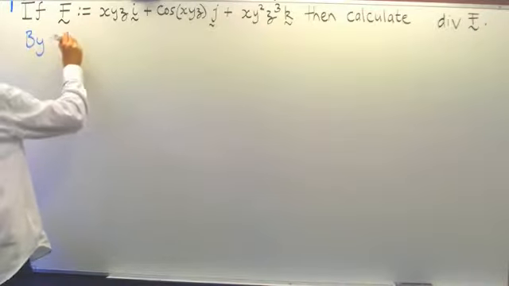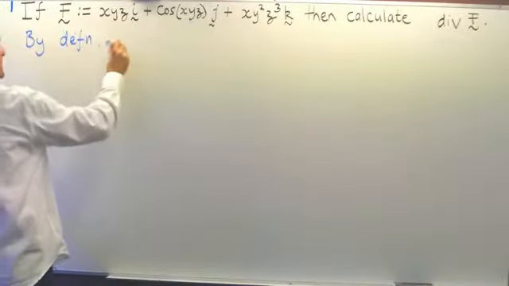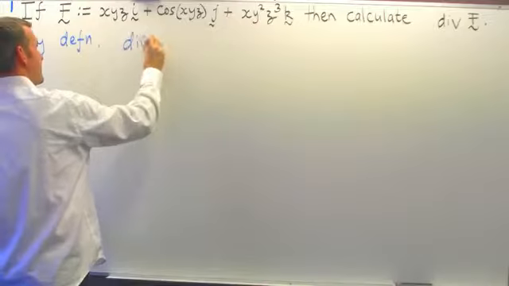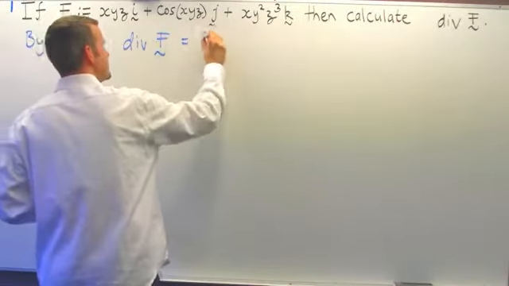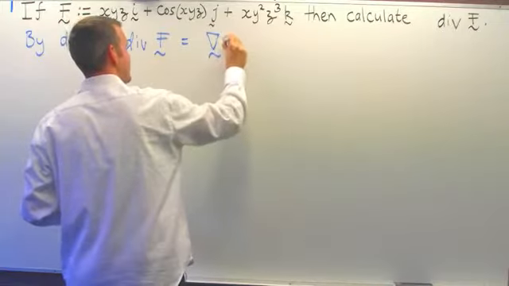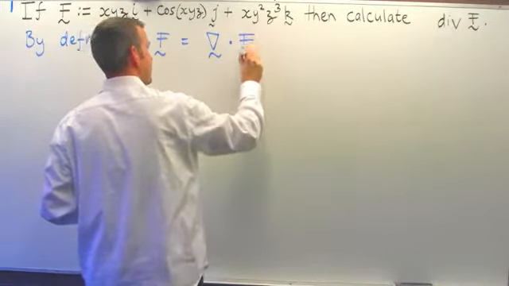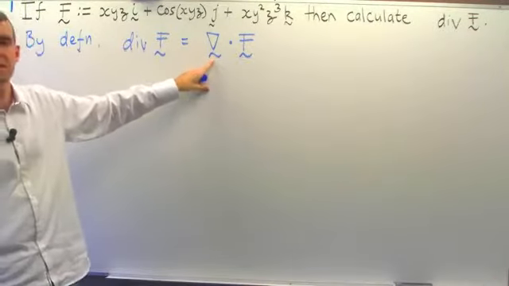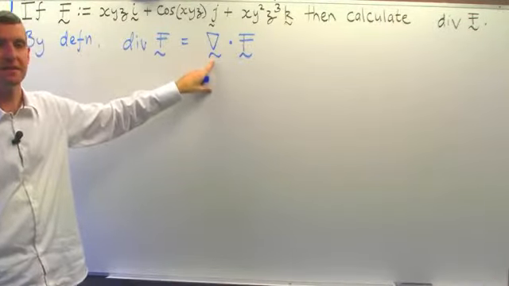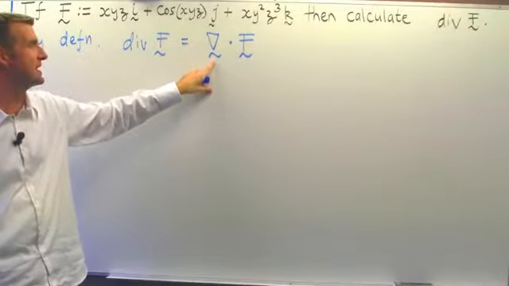by definition, the divergence of a vector field is just the dot product of these two vectors. Now, this is known as the del operator. It's not really a vector, it's a symbolic vector.